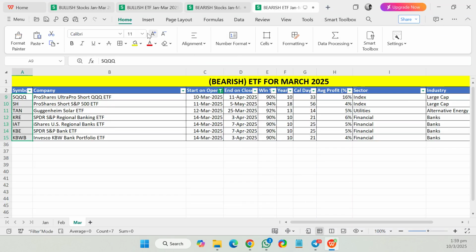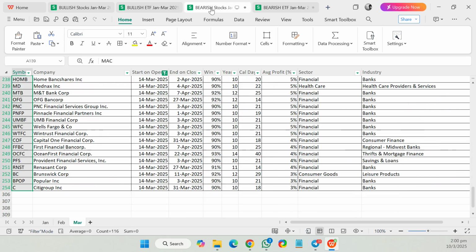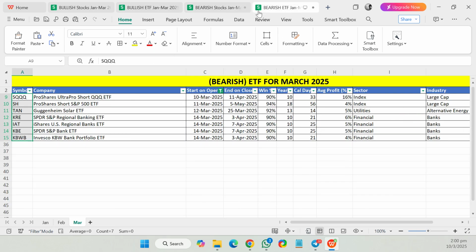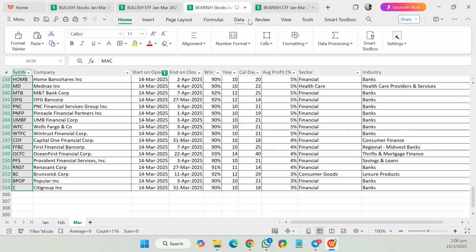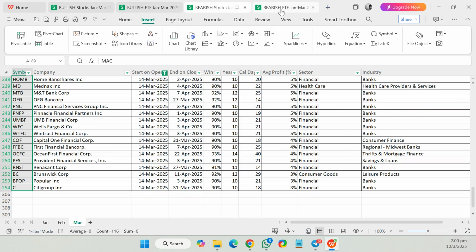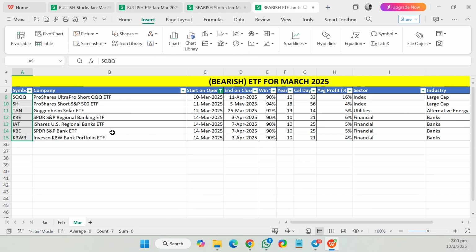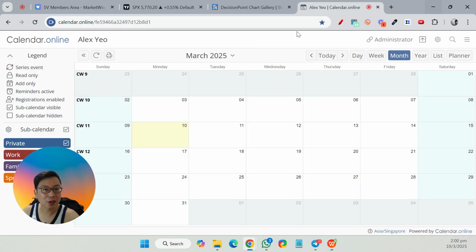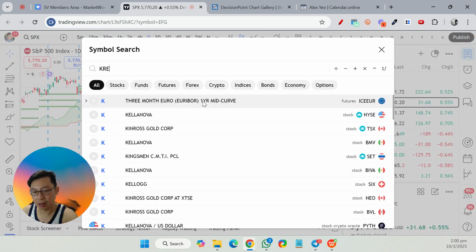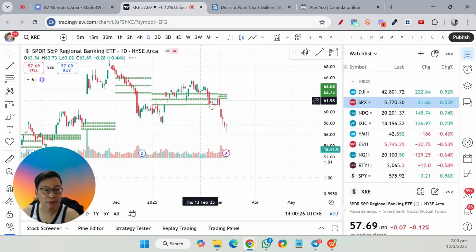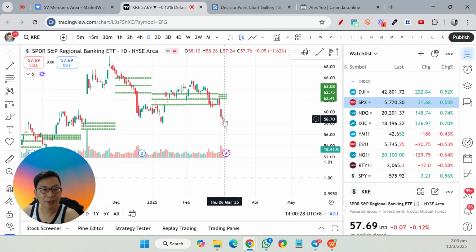So for this coming week, okay, it is bullish and bearish. Okay, so I'm looking at the bearish. Okay, in fact, if you take a look at the bearish ETF, also not a lot. All these have really come down quite a bit. So for example, regional bank, KBE is the bank, IAT is regional bank, KRE is the regional bank. So if you take a look at KRE over here, okay, it has been coming down already lah.